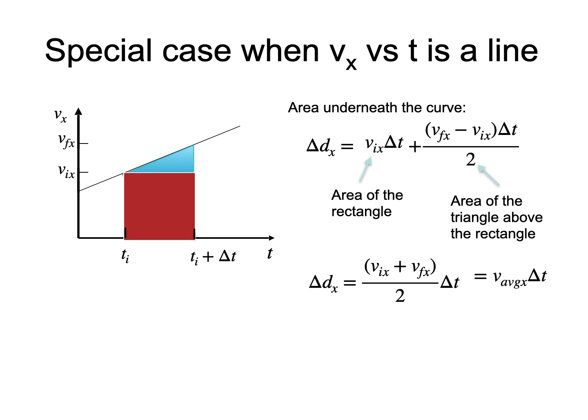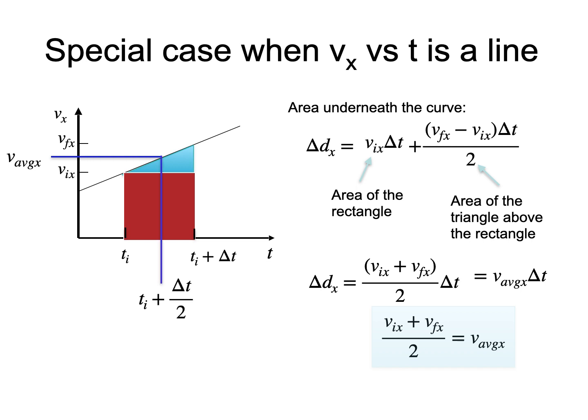The comparison between the two last segments of this equation shows that for the special case, when the Vx versus time is a line, the x component of the average velocity can be evaluated from the x component of the initial and final velocities, and that the x component of the average velocity is in the middle between the initial and the final values. Since the relationship is linear, the instantaneous velocity with the same value as the average velocity occurs at a time in the middle of the time interval, which is at Ti plus half of delta t.